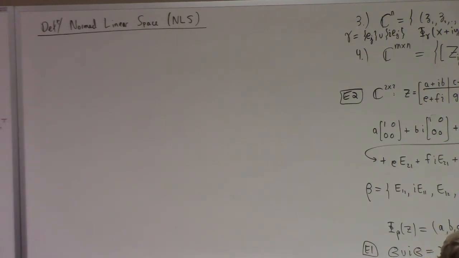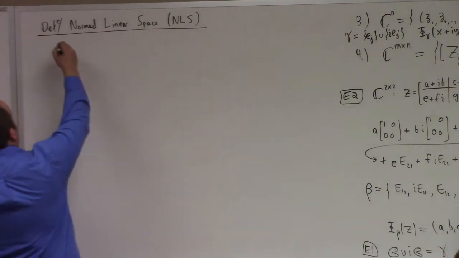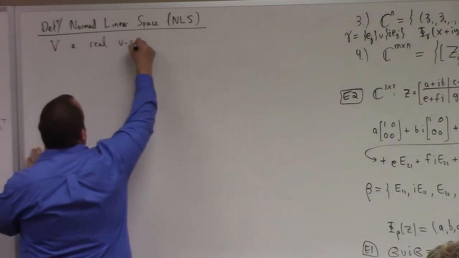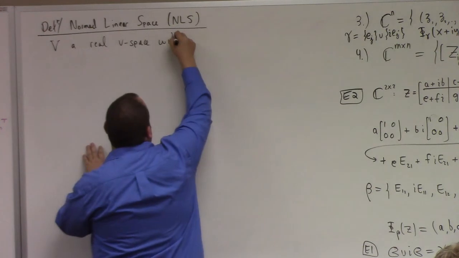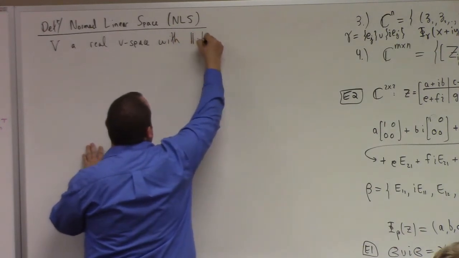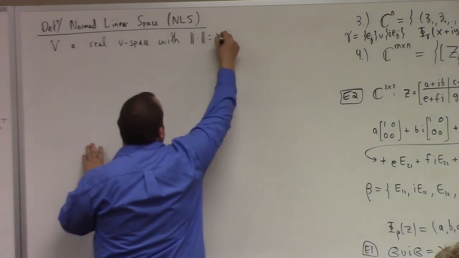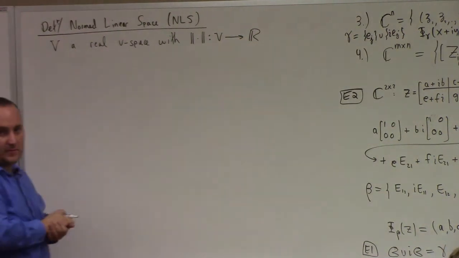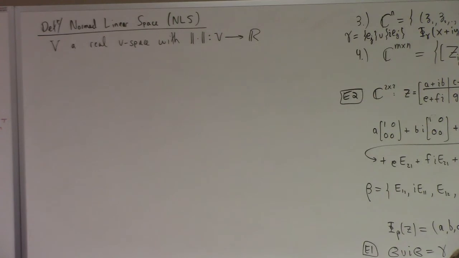It's going to be a real vector space, all right? With a function which we usually denote by these bars, going from V to the reals. All right? And it has these properties.